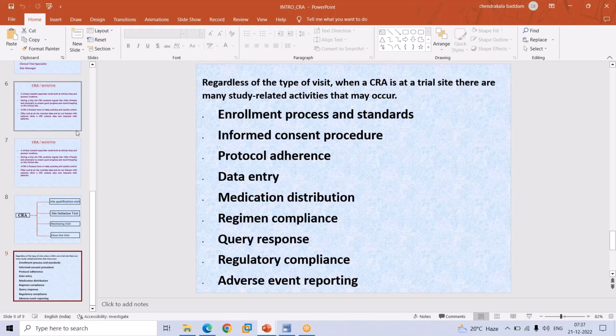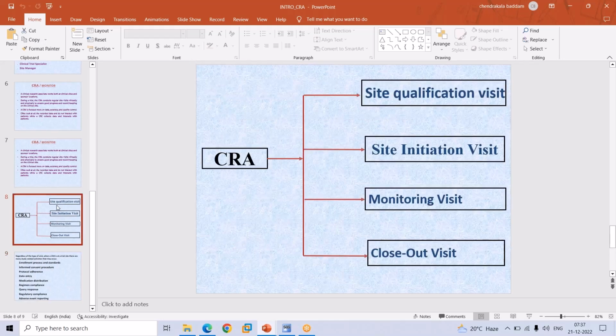Today, what we are going to discuss is, in each monitoring visit, what are all the activities that the CRA monitors.